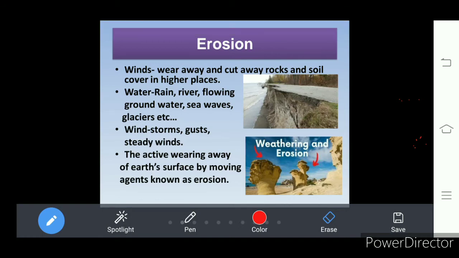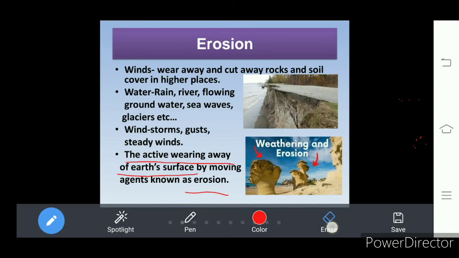So here erosion means the active wearing. What is it? The active wearing away of the earth's surface by moving agents like wind and water is called erosion. What is erosion? Active wearing away.